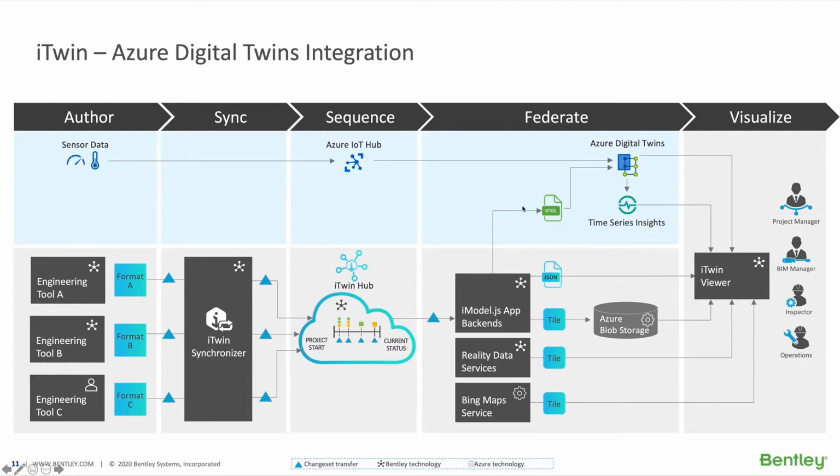And we're now able to populate the Azure Digital Twins digital twin definition language, which basically helps you define the sensors, their locations, and the data that's coming from the aligned schema that we've done through the connectors.